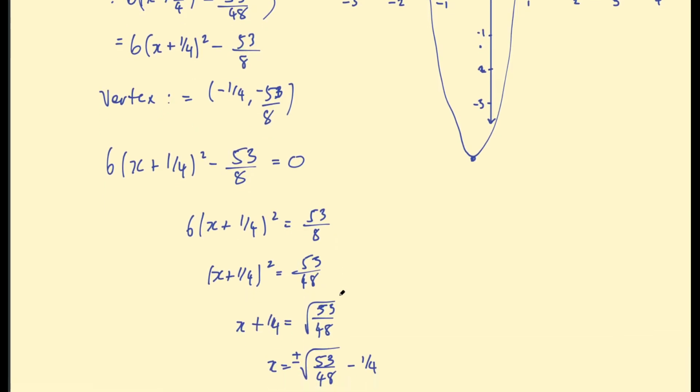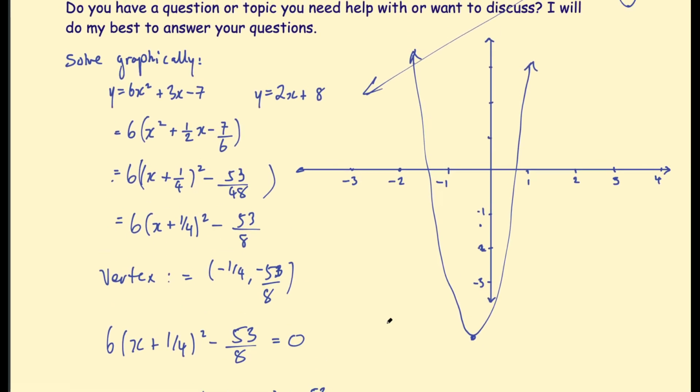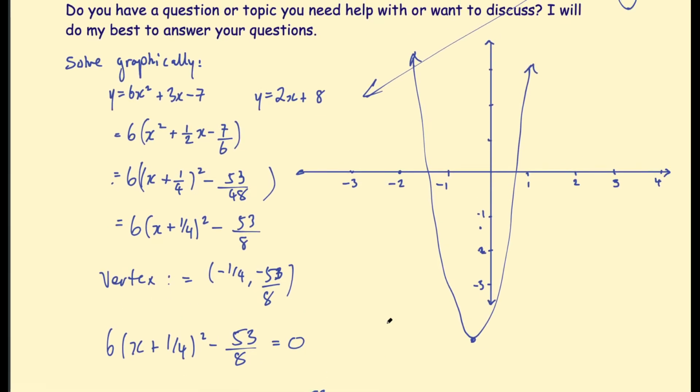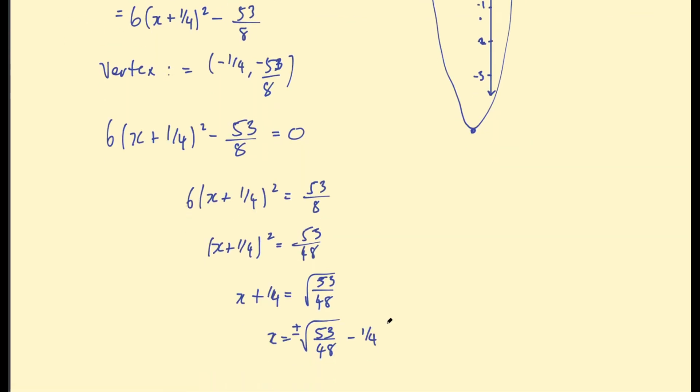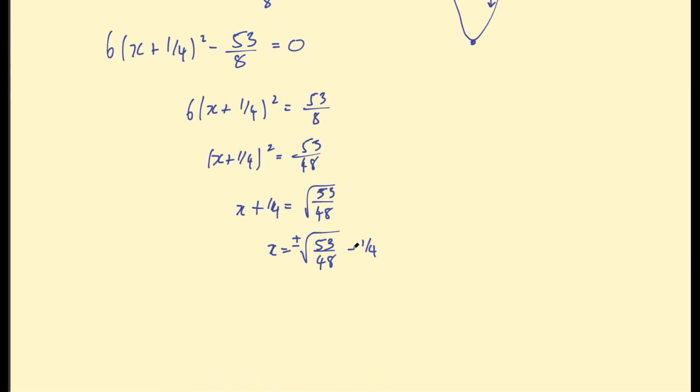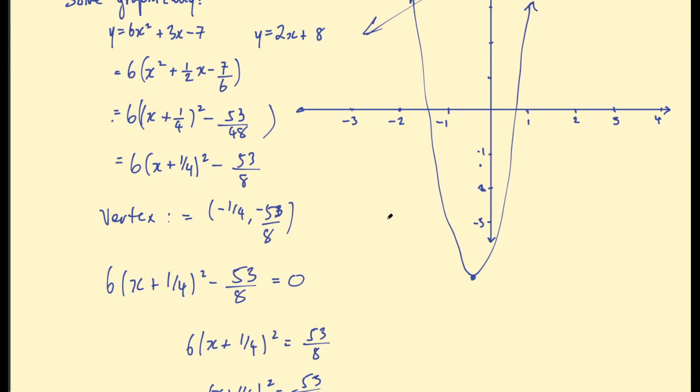And then x-intercepts of root 53 on 48 take 1/4. So already, this is a really messy problem. This is some irrational number. So they're irrational x coordinates.